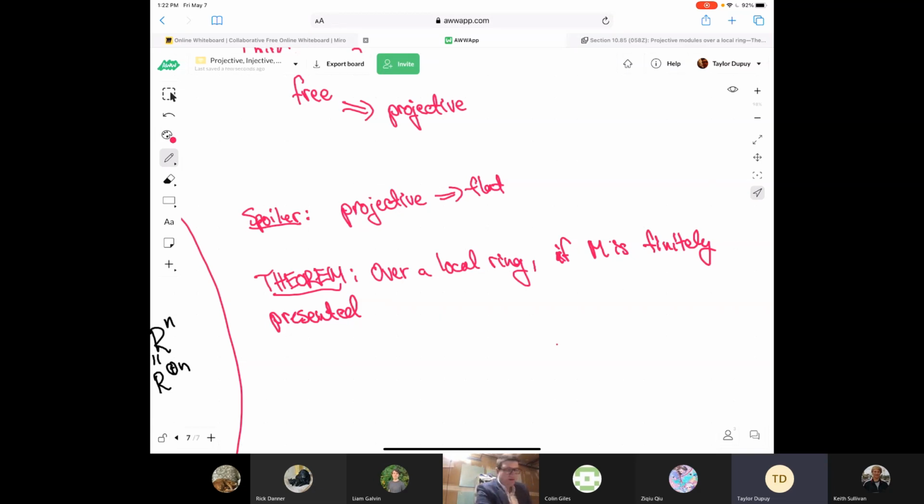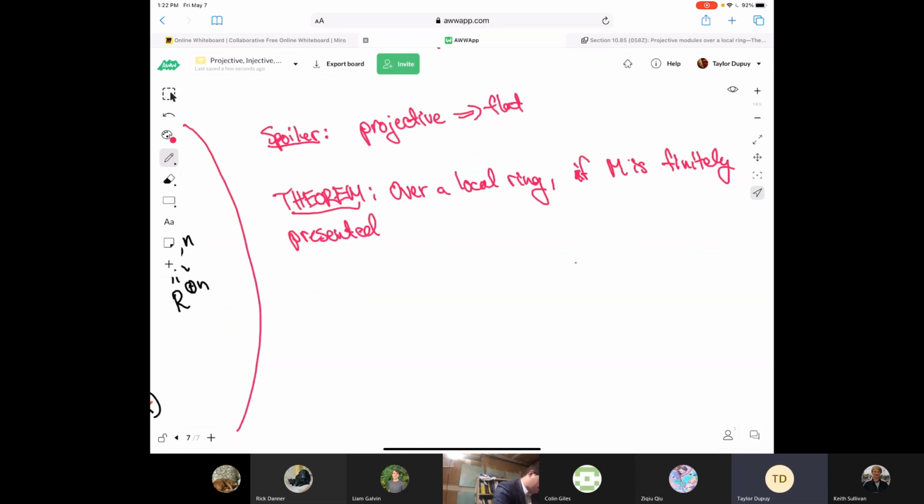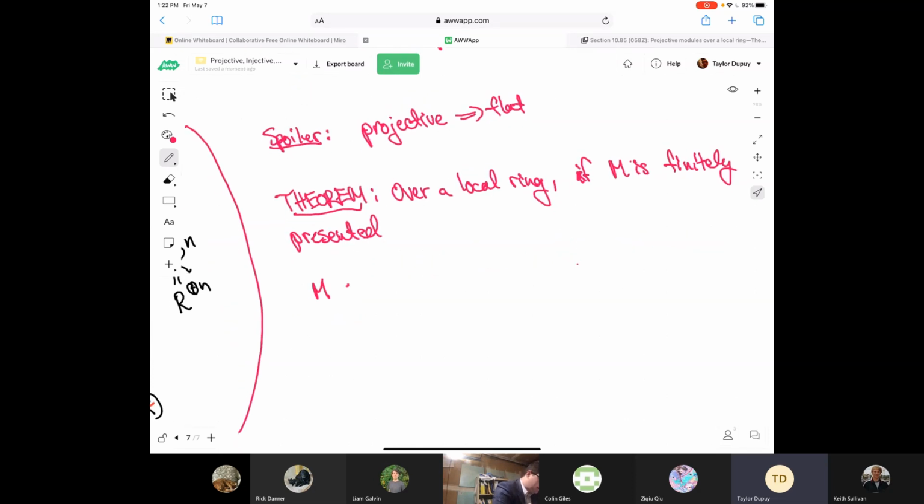Okay? So there's like that exact sequence thing. Remember, we were using those exact sequences when we did modules over PIDs. And we did like Smith normal form and that sort of thing. Okay, so if M is finitely presented, then M is free if and only if M is projective, if and only if M is flat.